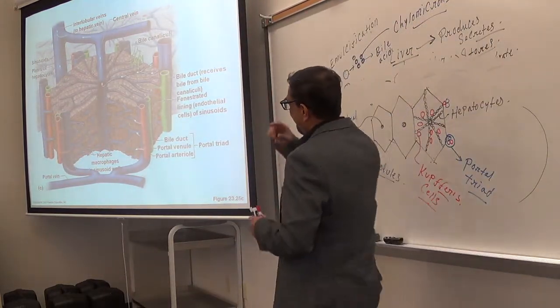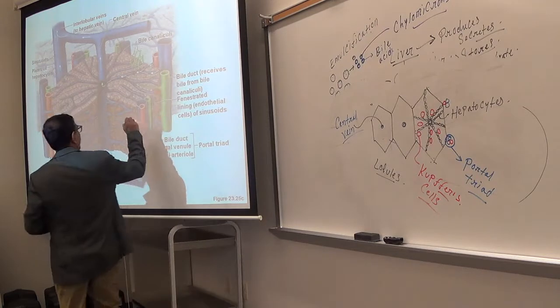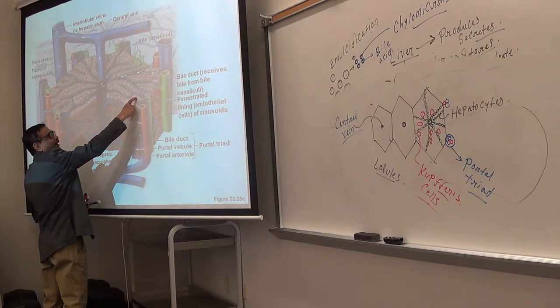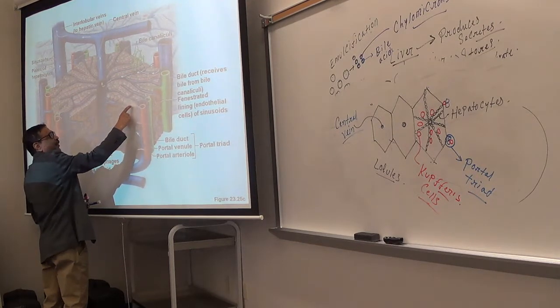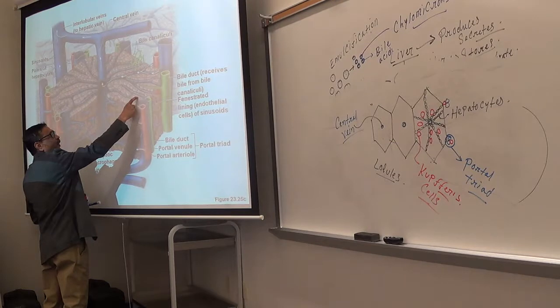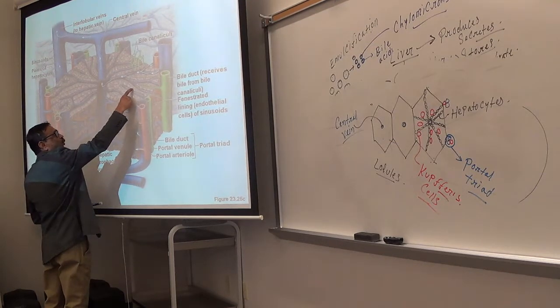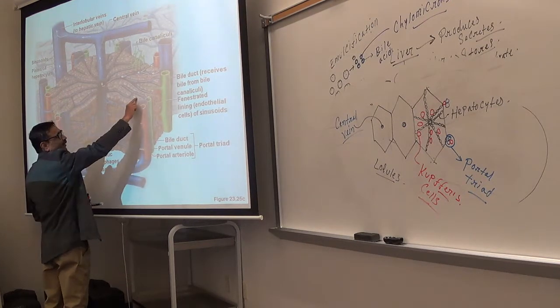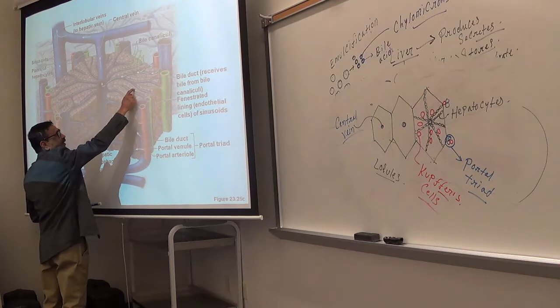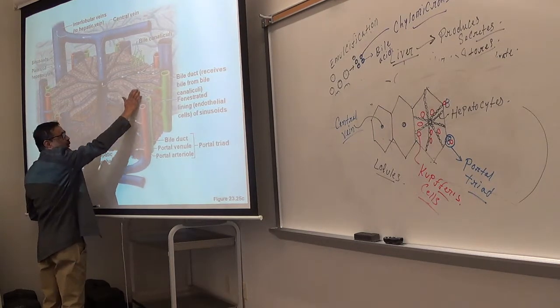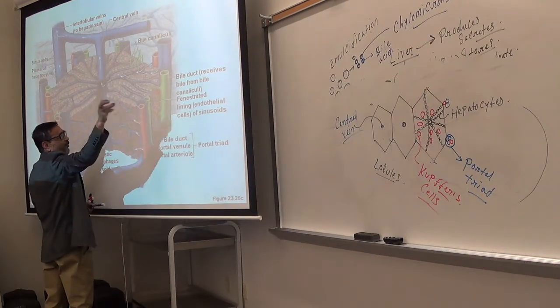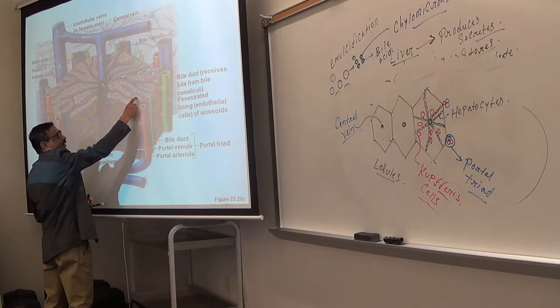Now see what happens. This is more beautiful. These are hepatocytes, and in each hepatocyte you have bile canaliculi, very narrow, thin, hair-like tubes attached to each hepatocyte. The hepatocyte secretes bile, you remember that, and that secretion of bile enters into the canaliculi.